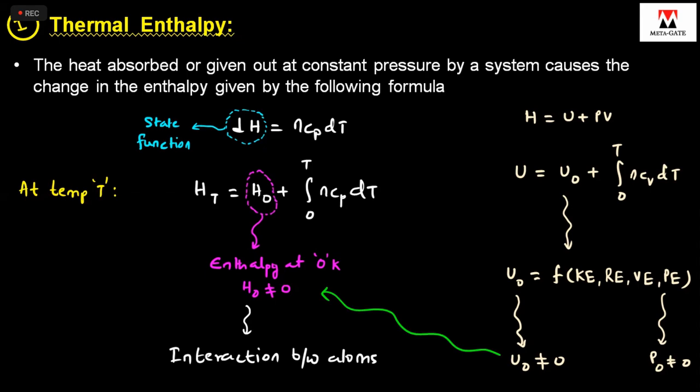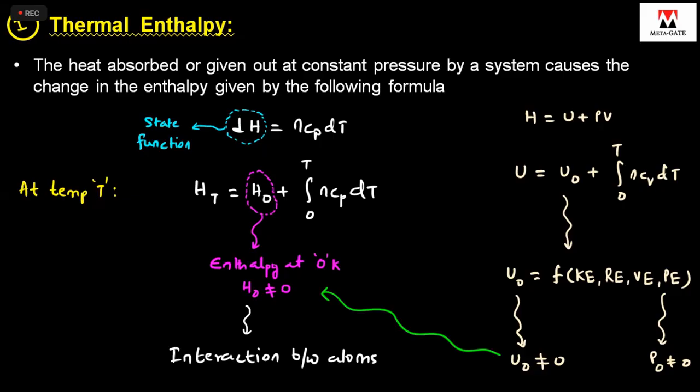Sir, one question. Yeah, please ask. U naught is basically the potential energy at 0 Kelvin? Absolutely. At 0 Kelvin, there is no kinetic, rotational, or vibrational energy. Only the interaction between the atoms is possible. That's why U naught is not 0.